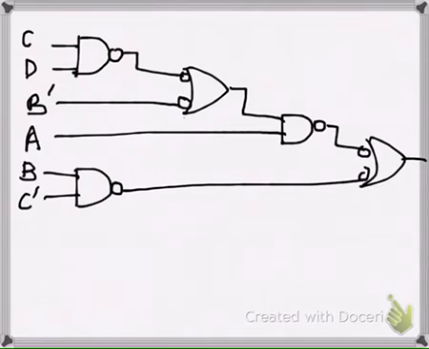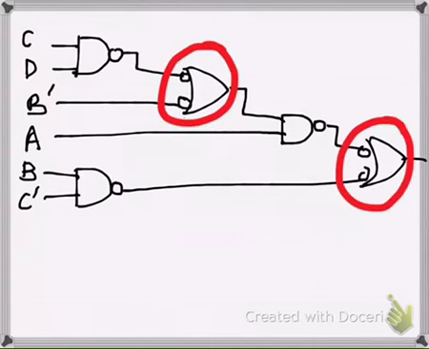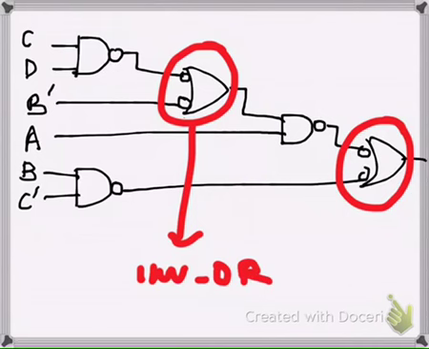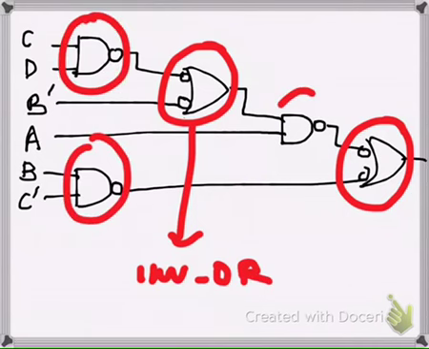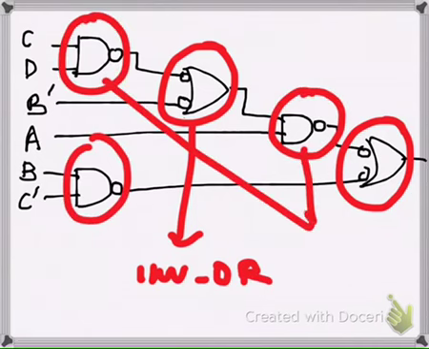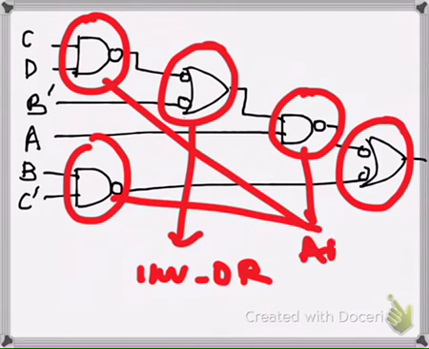Every AND gate we've converted into a NAND gate of the same format, the AND invert format, and every OR gate we converted into a NAND gate which uses the invert OR symbol. And here, for all of these three AND gates, we converted them into NAND gates using AND invert.